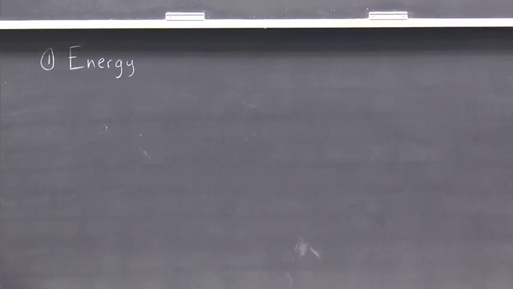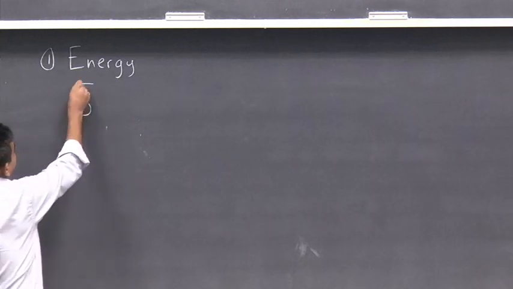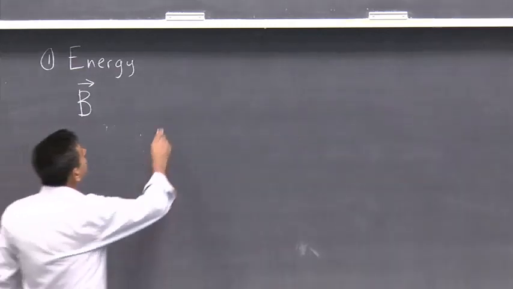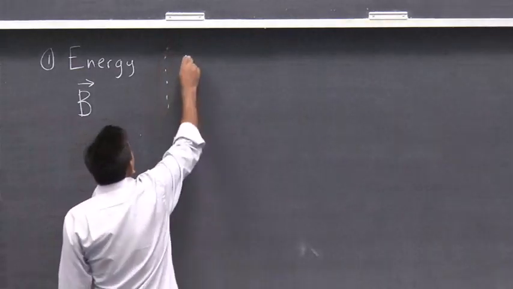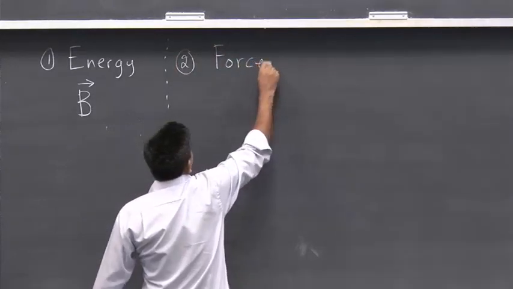That will give rise to different kinds of magnetic materials and different kinds of behaviors. We would also like to talk a little bit about the force that acts on a magnetic moment.